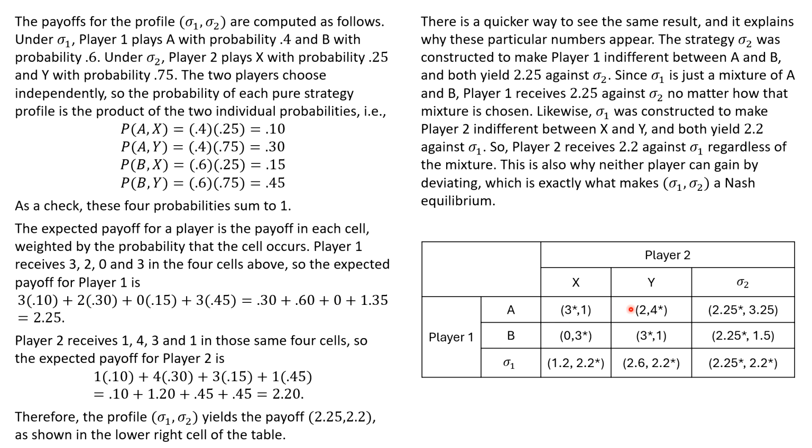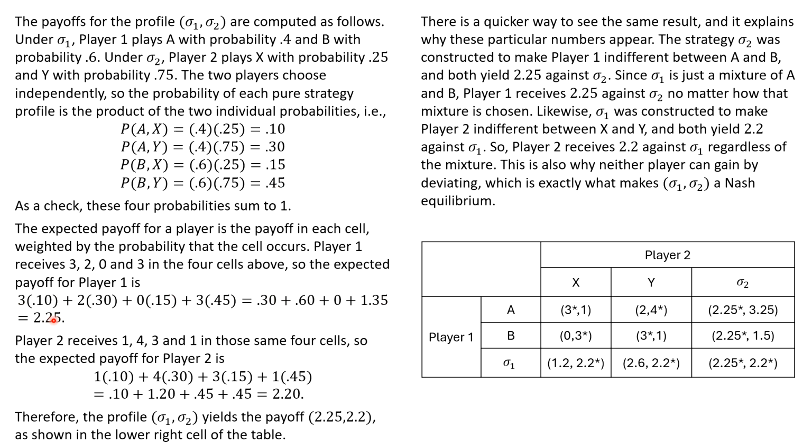These probabilities all relate to the mixed strategies. And so we want to use these to compute the payoff for, well, first we'll do it for player 1. So player 1 has a payoff of 3 times the probability of this combination happening, AX, so it's 0.1 times 3. And then the probability of A and Y happening is 0.3, and we multiply that times the payoff for A here is 2, then 0 times 0.15, and then 3 times 0.45.